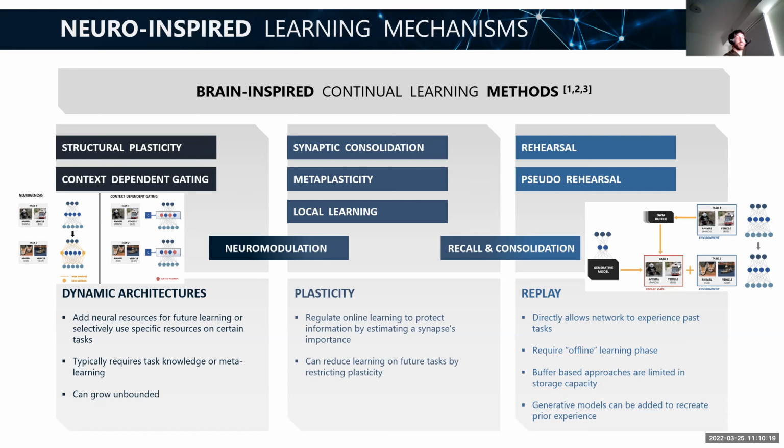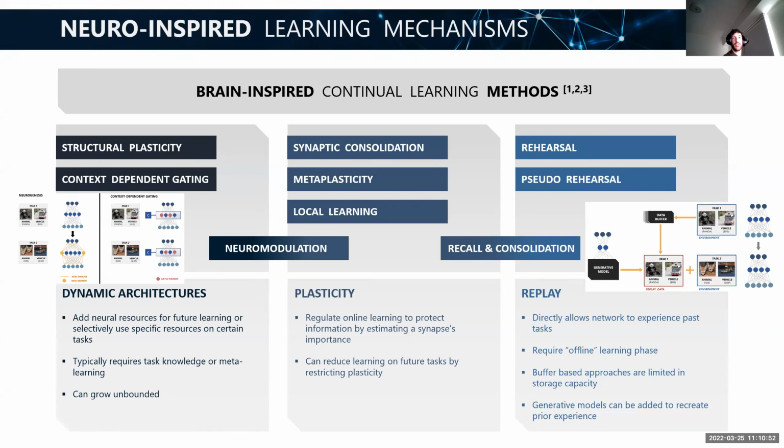But the downsides are that most approaches will require task knowledge or meta learning. If they don't, then usually they'll suffer from another problem that regularization approaches or plasticity approaches have, where you can't do something called class incremental, which I'm not going to get into here. But they can be restricted to learning inter-task boundaries, is the long story short. The other downside is that dynamic architectures can grow unbounded.